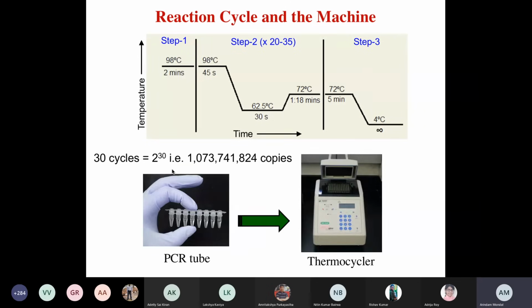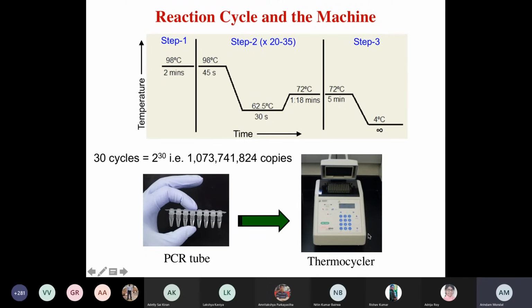Okay. And these are the tiny reaction tubes where you can perform these reactions. And this is a tabletop instrument called a thermal cycler. Why thermal cycler? Because it can perform different thermal steps in a cyclic fashion. So that's why thermal cycler. It's not bigger than 1 foot by 1 foot.